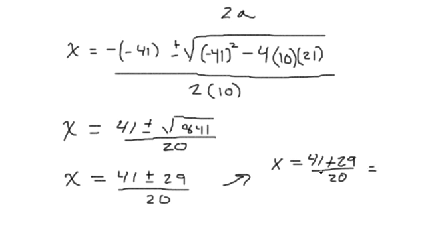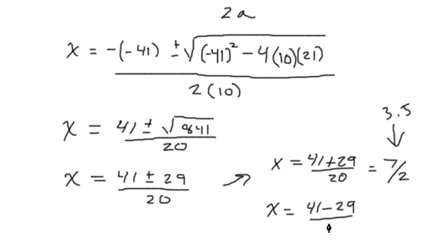And what do we get with that? It looks like I'm getting 3.5 or 7 halves. So excuse me, remember this is 3.5. And then we have x is equal to 41 minus 29 over 20.